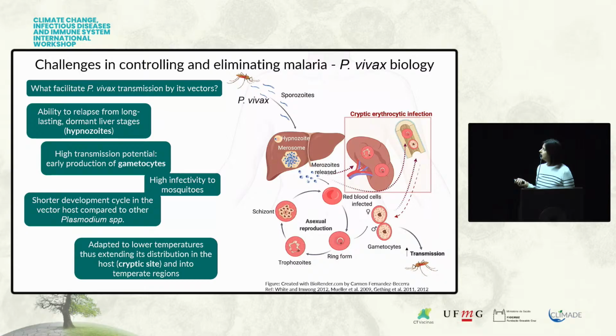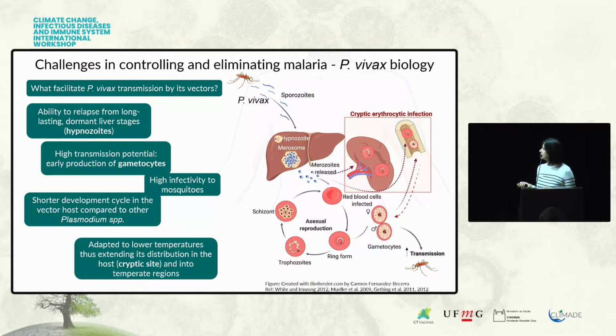Gametocytes are produced very early during their development, and this increases the transmission potential because the gametocytes appear even before the symptoms. They are highly infective to mosquitoes. They have a shorter development cycle in the vector host compared to the other Plasmodium.